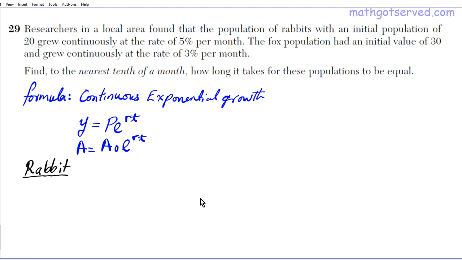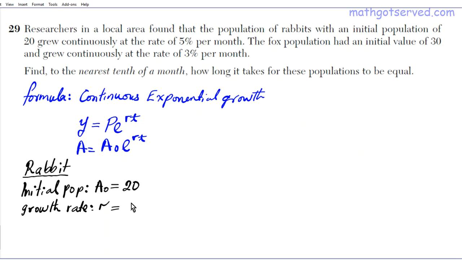We'll start with the initial population, which is a sub 0, is 20, and then the growth rate r is 5%, which is 0.05 in decimal form.